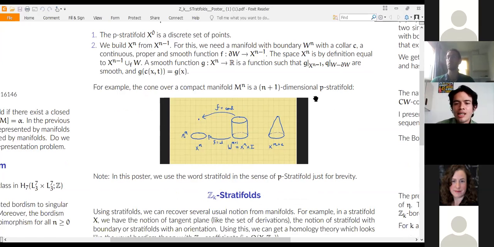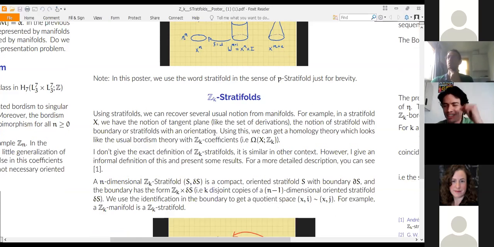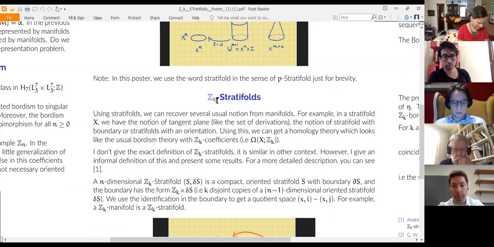And with these notions, you can build some homology theories that look like the usual bordism. This is the idea to use this space. I don't want to give the exact definition for what a CK-stratifold is.